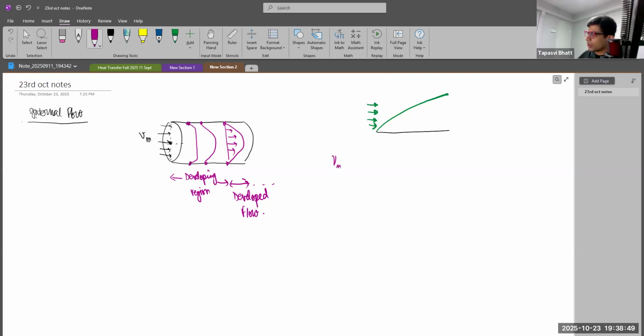So the mean velocity is 2 over r squared, this is for a circular pipe, okay, integration 0 to r of v as a function of r comma x, r dr. And the mean temperature would be 2 over mean velocity times r squared, integration 0 to r of v T r dr.